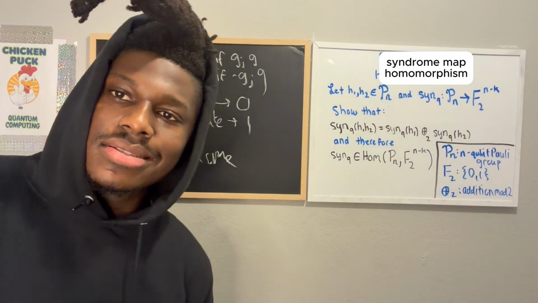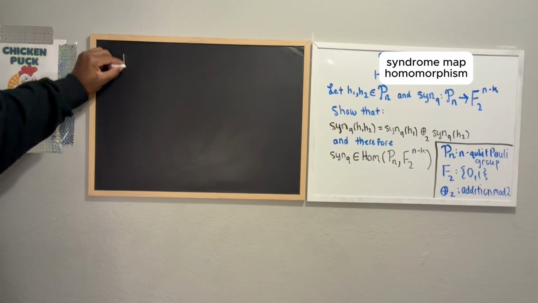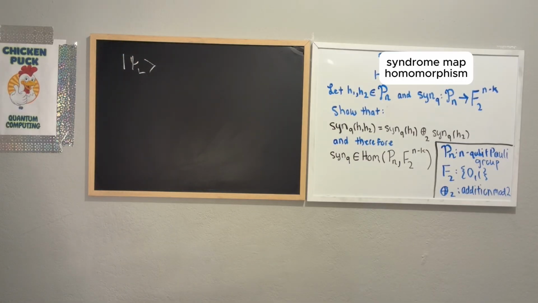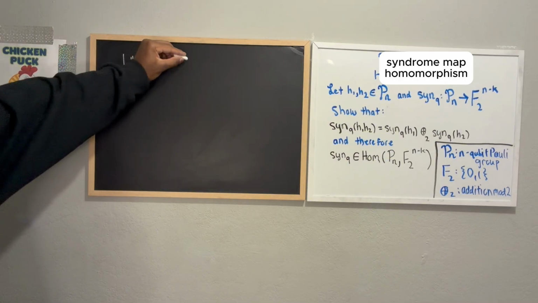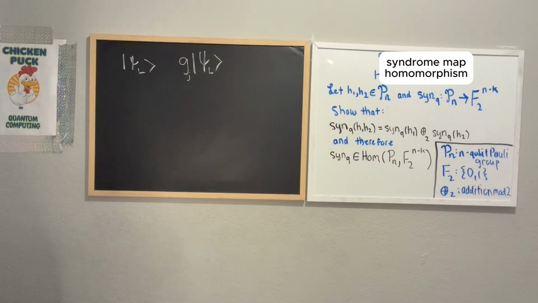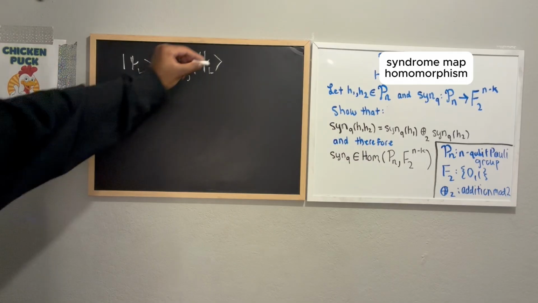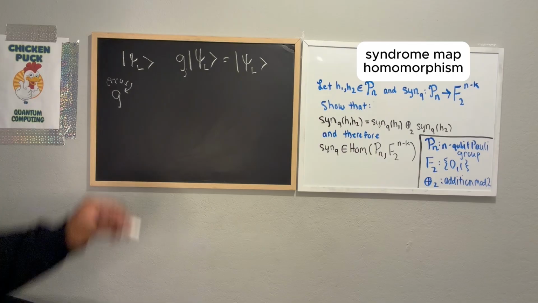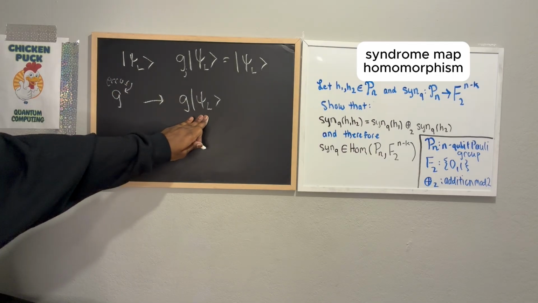But then why does this detect an error? Suppose that psi_L is a valid code state. That means it satisfies g_j psi_L equals psi_L. Suppose error G occurs and the state becomes G psi_L.